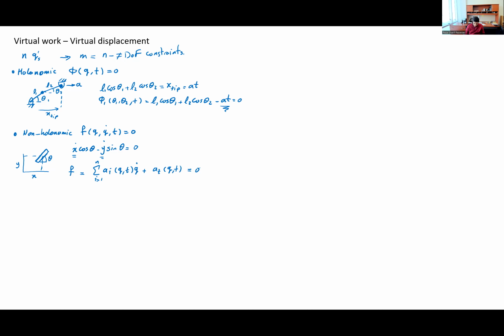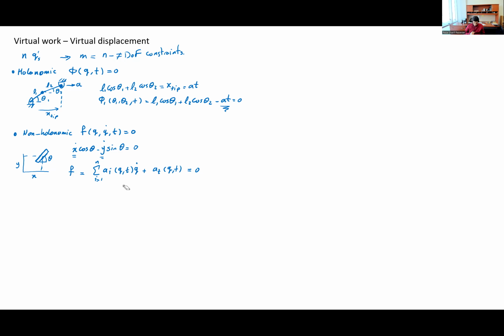So I can essentially always factor out the velocity terms and work with some other nonlinear function as the coefficient of that. These a's are just functions of q and t.